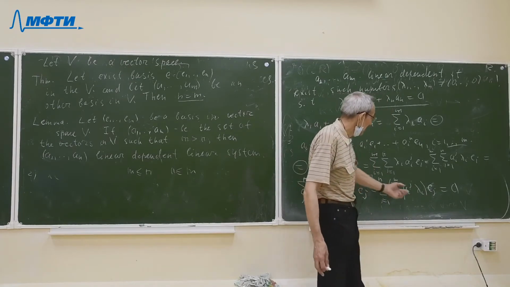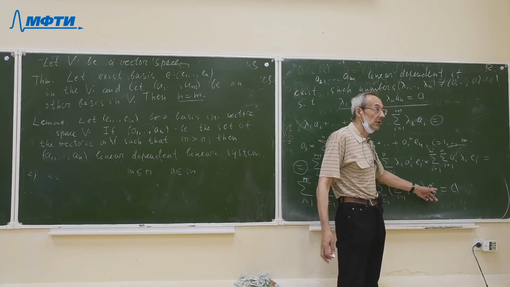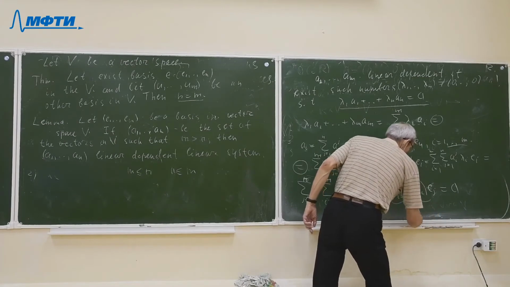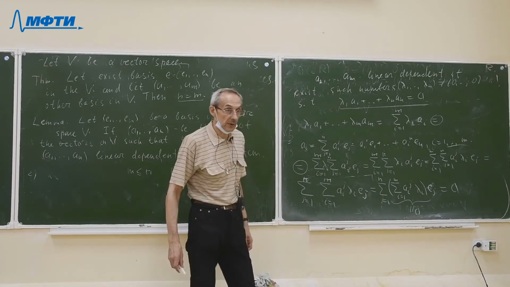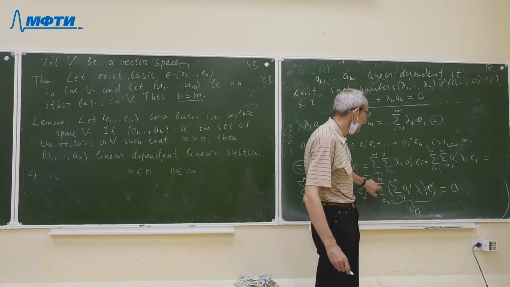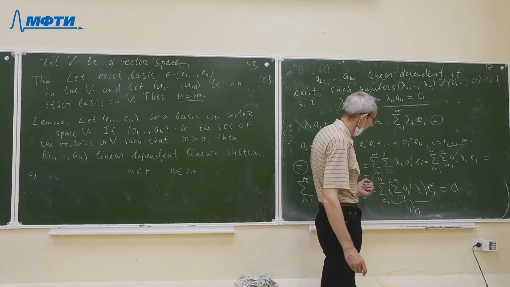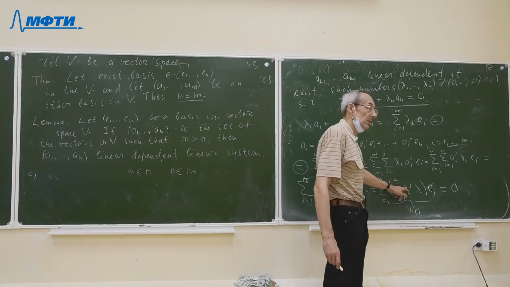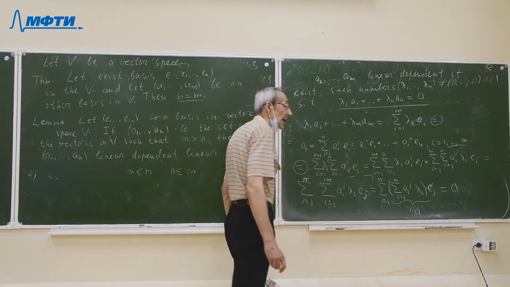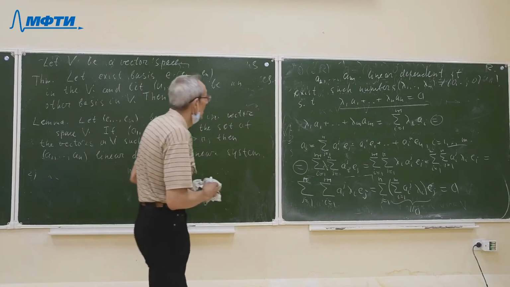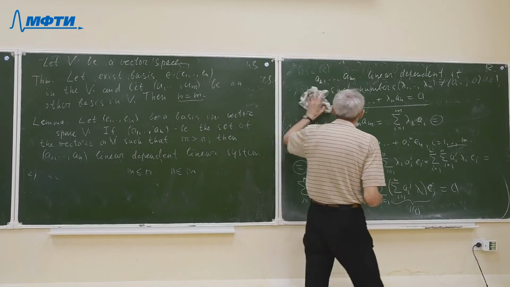But their linear combination is equal to the zero vector. It means that every coefficient of this linear combination is equal to 0. And I obtain n sums, and in each sum this linear combination is equal to 0, and I obtain the following linear system, a system of linear equations.